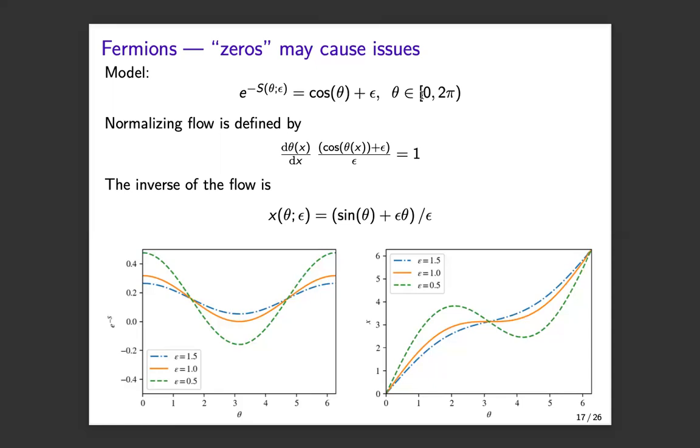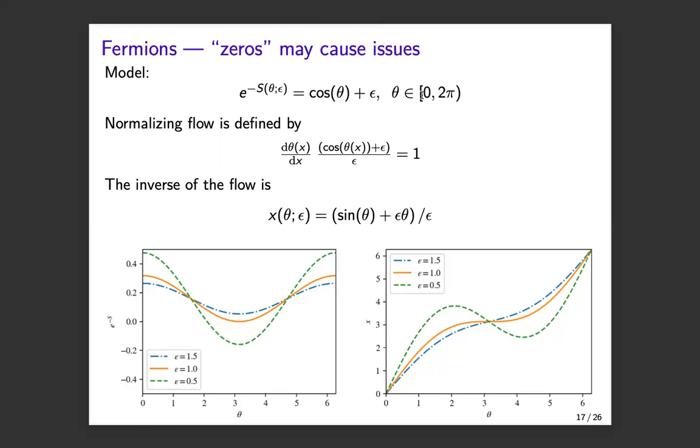And if you look at this normalizing flow, the important thing is that this distribution crosses 0. When there is no sign problem, with the blue line, there is a good normalizing flow, and exactly at epsilon equals 1, still fine. But now look at the case where you have this intersection with 0, when epsilon is, for example, 0.5. You see that it has this kind of bending curve, meaning that this is not a single-valued function.